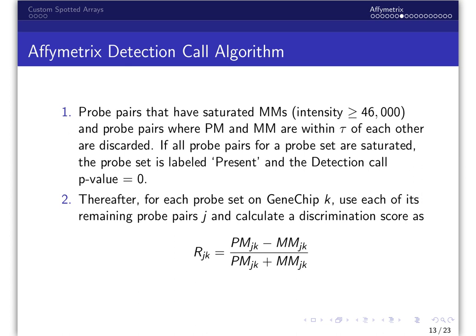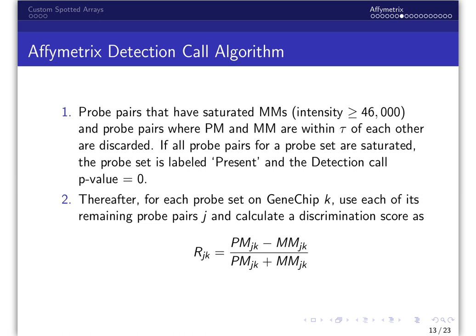Rather than comparing paired PM and MM values directly, these detection calls are derived using the Wilcoxon signed rank test in the following manner. First, probe pairs that have saturated mismatch intensities are discarded. Additionally, probe pairs where the PM and MM are within tau of each other are discarded.